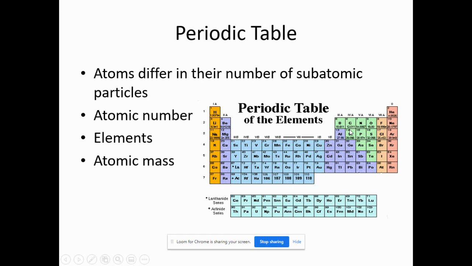In here you see the number 5, number 6, number 7, number 8. That refers to the atomic number.